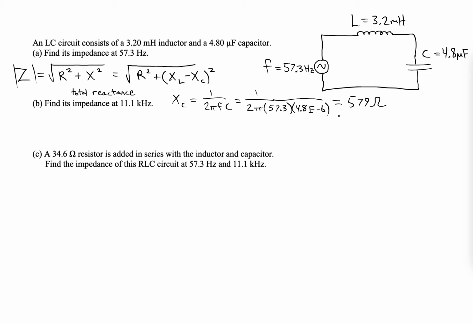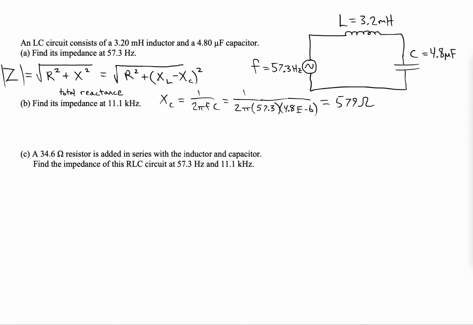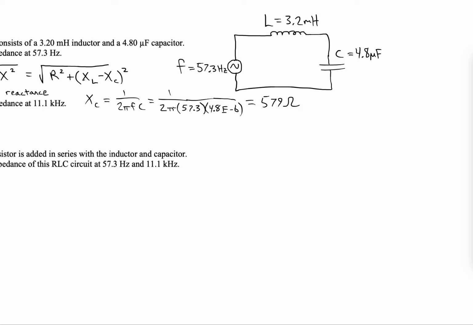Now, in addition to that, though, we're going to want to find the inductive reactance as well. So we'll have XL equals 2 pi FL. It's going to be 2 pi, 57.3, 3.2 times 10 to the minus 3.